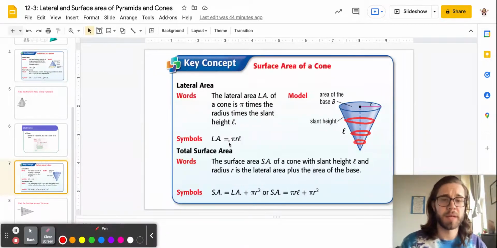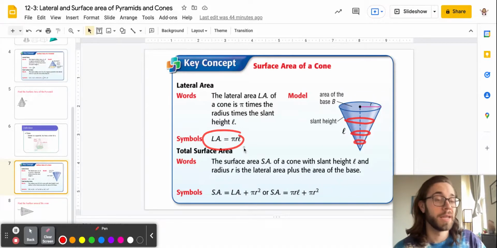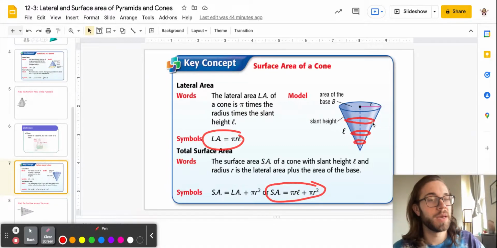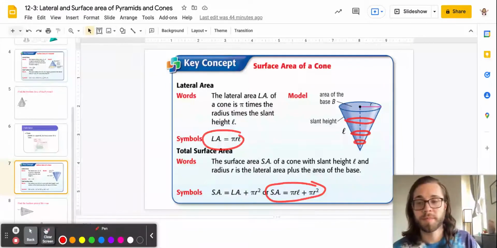It does work out to this, but we're not going to look at the proof this time. And then the total surface area is once again going to be the lateral area plus the area of the circle on the base.